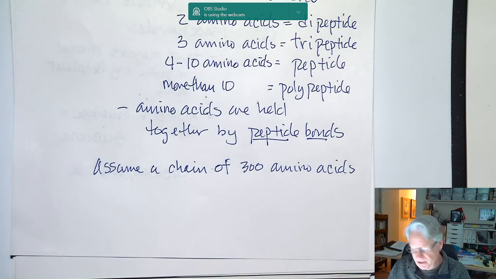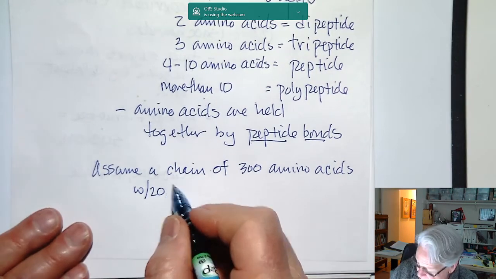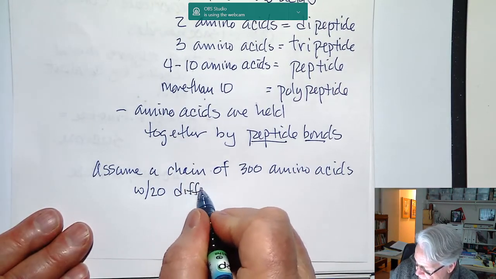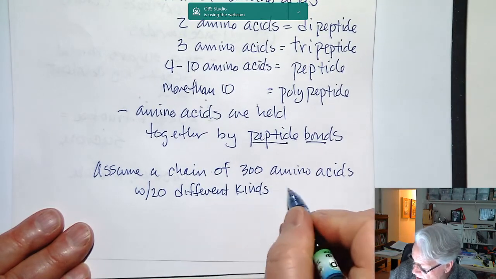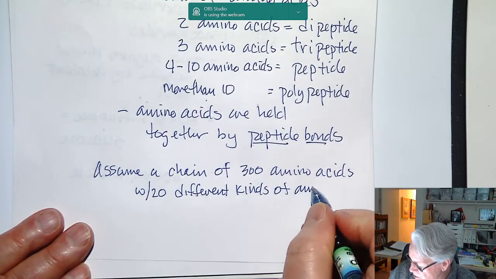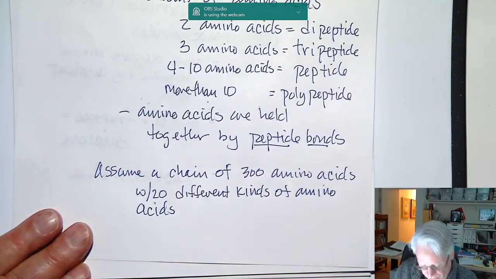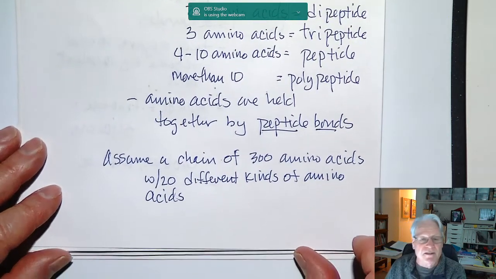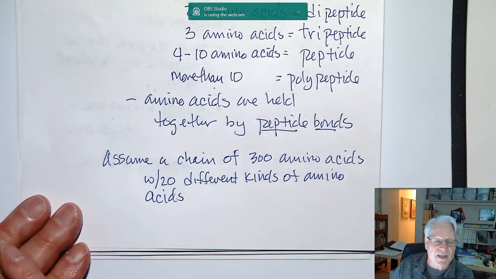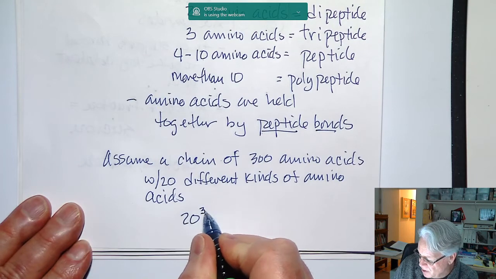And the answer is, and let's emphasize this, with 20 different kinds of amino acids, I can get an astounding number or a huge diversity of different proteins. And the answer to that is 20 to the 300.